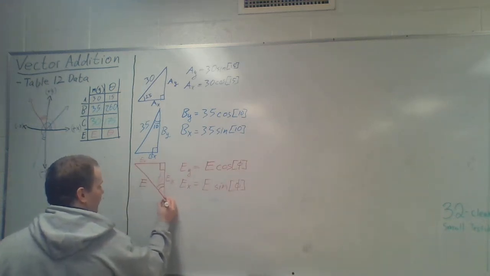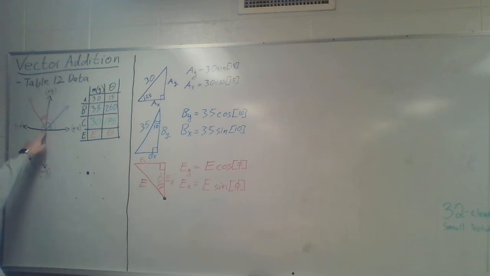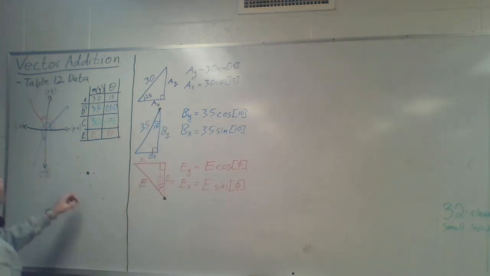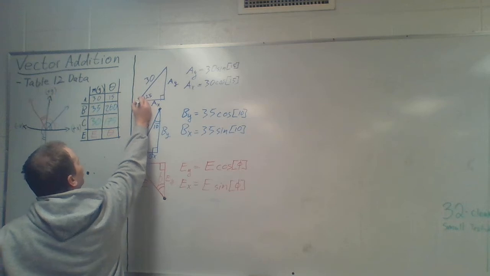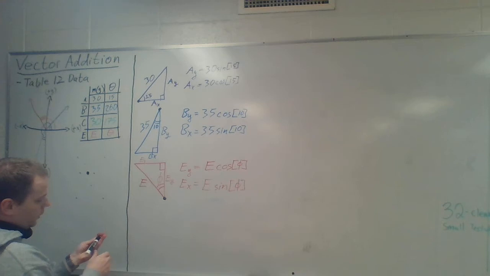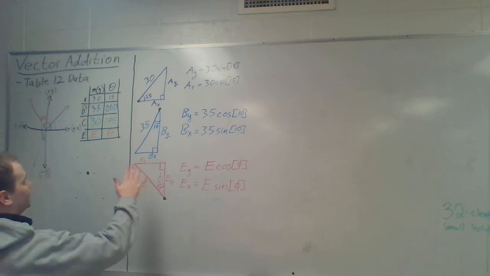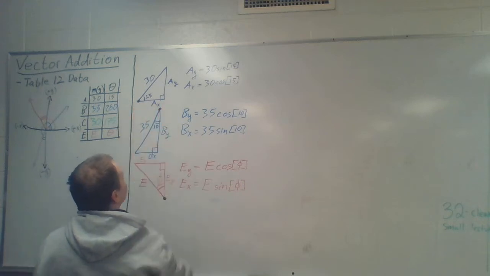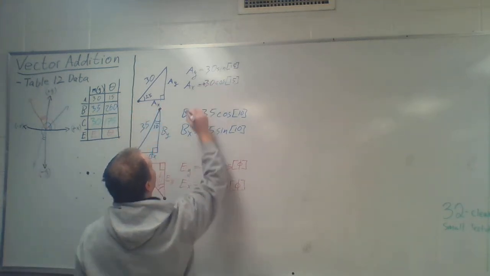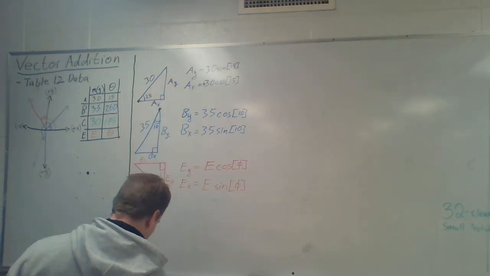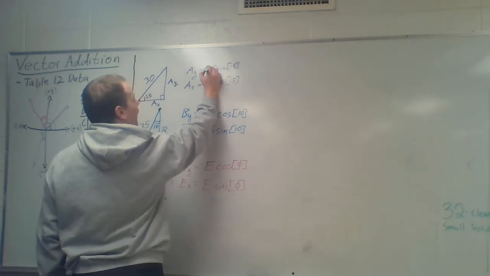So this is the origin for triangle E. This was the origin for triangle B, and this was the origin for triangle A. So relative to the origin, vector A moves in the positive x direction, so this is positive, and the positive y direction.